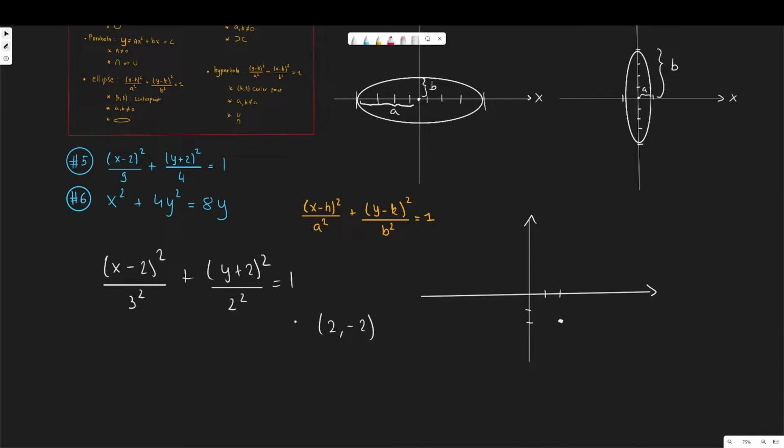Now the distance parallel to the x-axis will be 3, so I'm going 3 to the right, 1, 2, 3. So this will be the end of the ellipse, and I'm going to the left, so 1, 2, 3. So this will be the end of the ellipse.